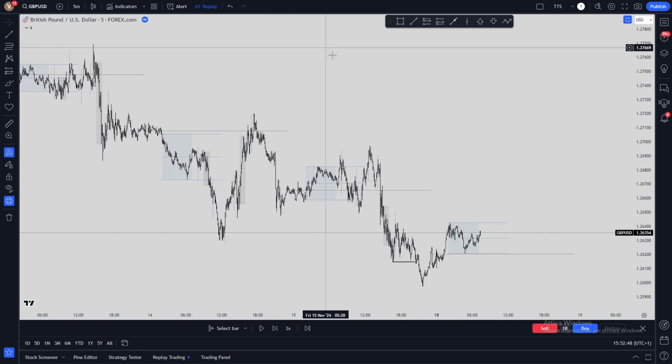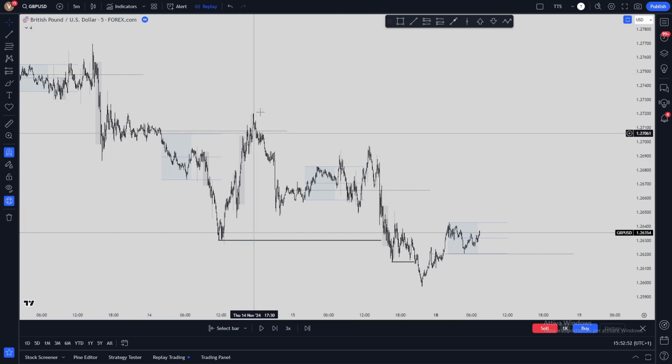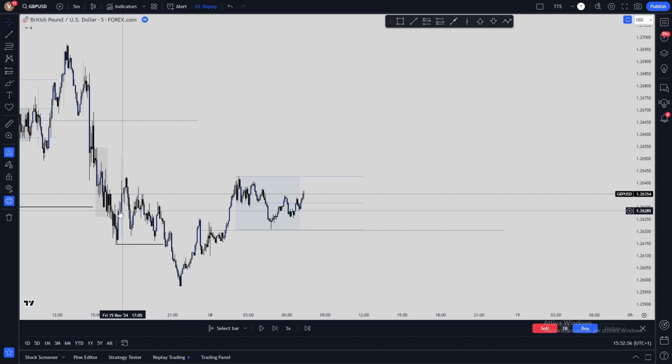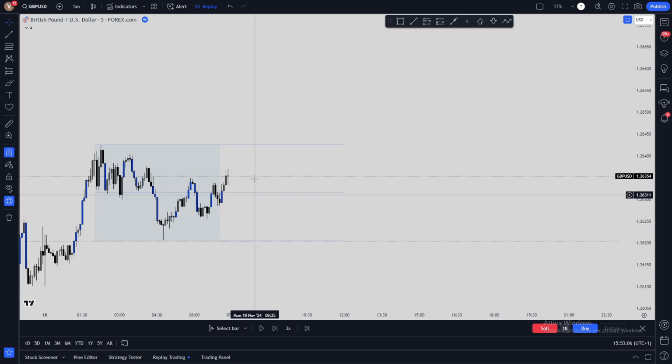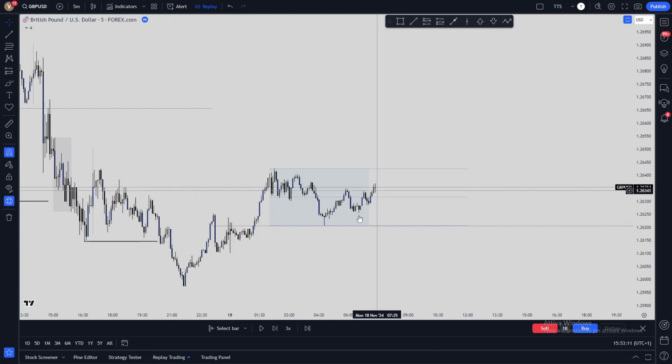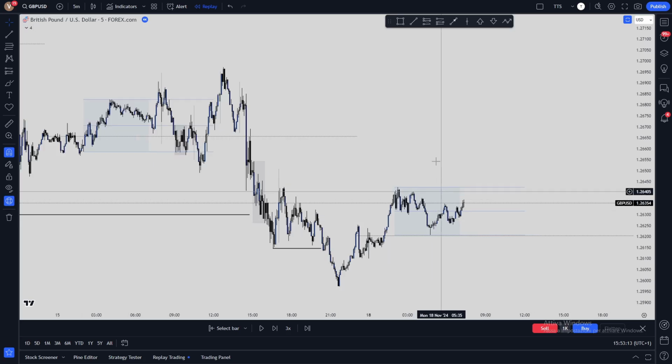But we also took out this low here that made a new high, so for me it is relevant. Price gave a first buy opportunity, created a support level to then take out. So my approach on Monday was to look for a buy opportunity until maybe this level here.